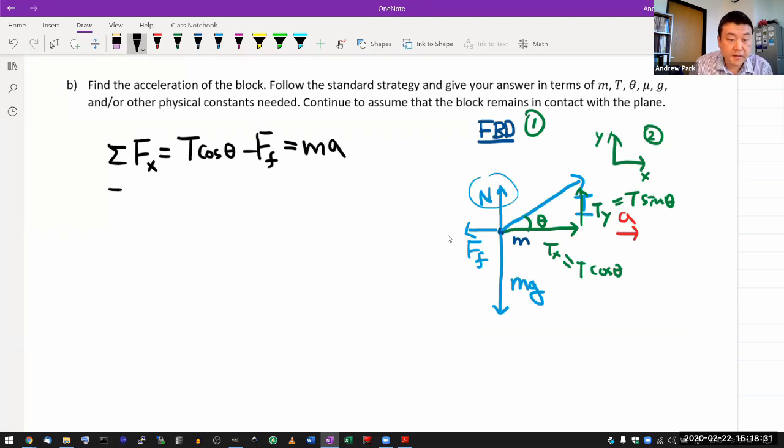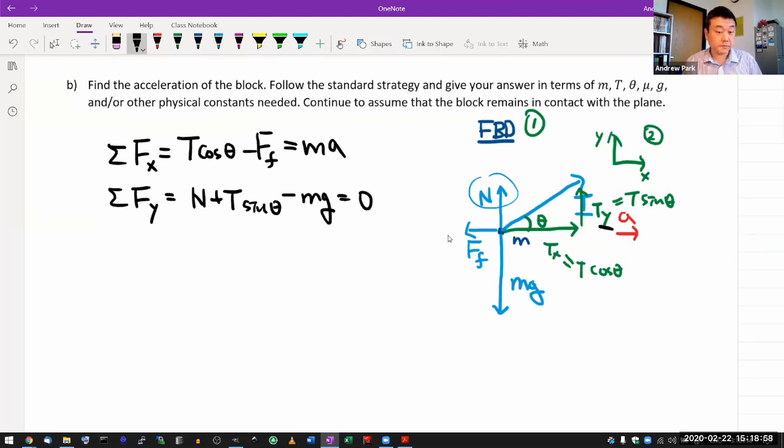And the net force in the y direction is equal to the normal force plus the y component of tension, T sine theta, minus mg. Since it's not accelerating in the vertical direction, that's equal to 0.